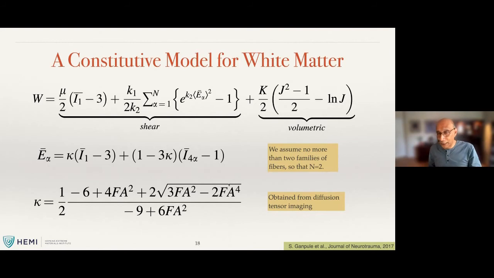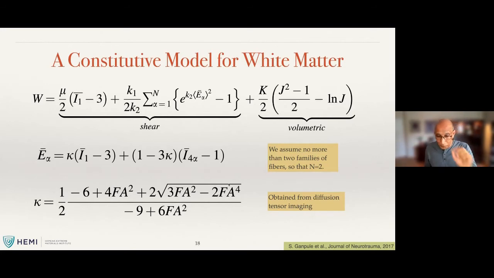The shearing term has different components related to the orientations of the fibers in the brain, because the brain is not isotropic. So you can handle the anisotropy, and you can look inside an MRI or a diffusion tensor image and actually calculate the anisotropy, and that's what this number kappa on the bottom is. It tells you how anisotropic the brain tissue is, the given piece of brain that you've got.